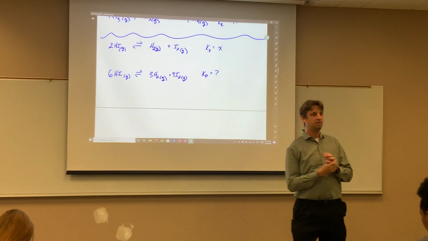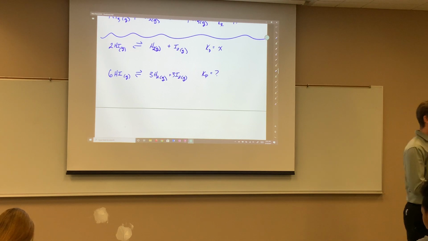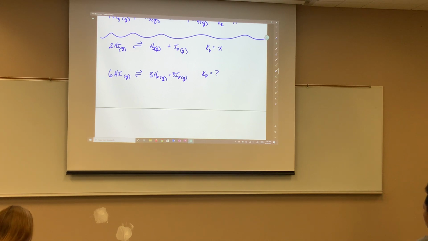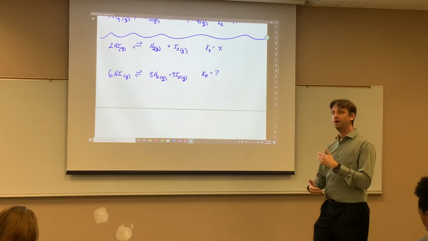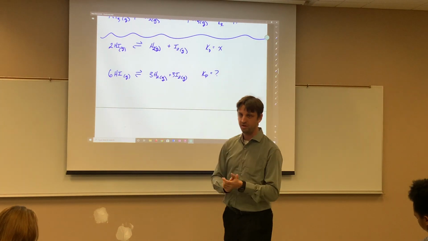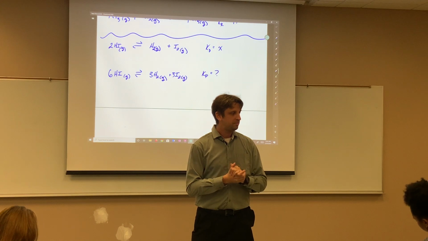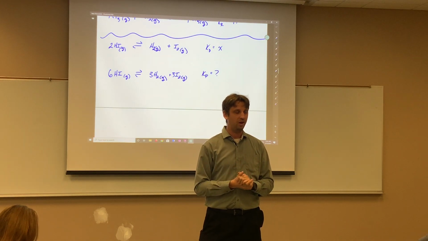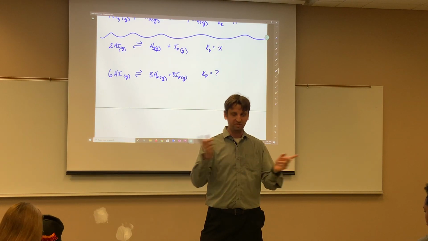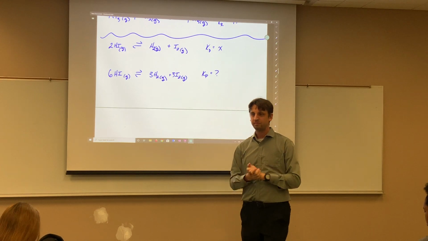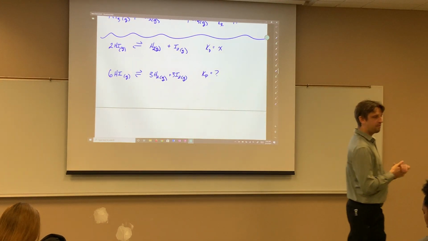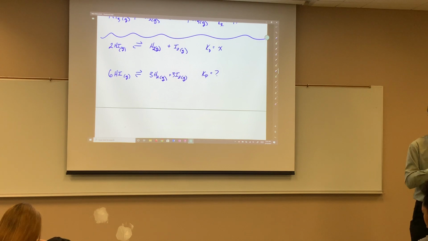Everybody with me on that one? So this is a clever way of asking, are you thinking about what K means and how we express it and how we set it up? It's no different than what we did on the previous one where we inverted, because we flipped everything around. With me on that one?